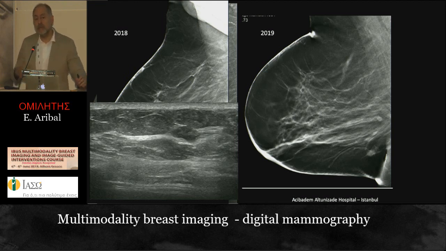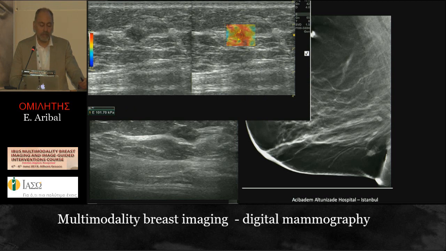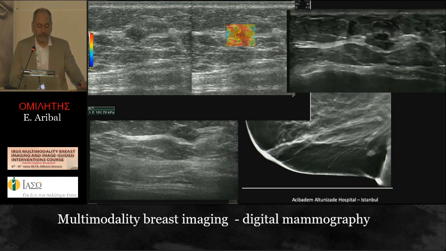So when you are using multimodalities, just keep the most malignant signs over the benign signs that you see in other modalities. So maybe this ultrasound finding can be a benign finding, but the mammogram shows that it's malignant. However, on elastography, it shows stiffness.